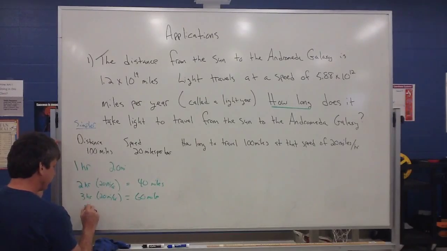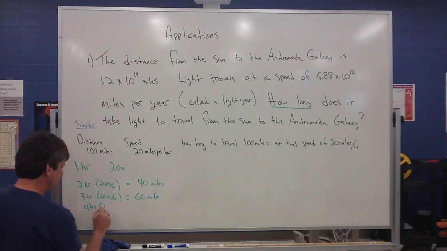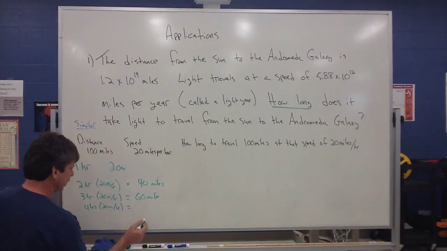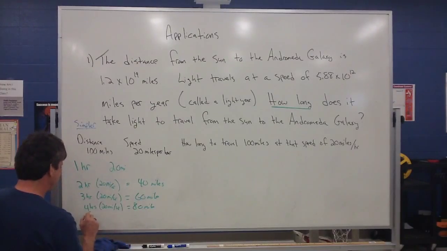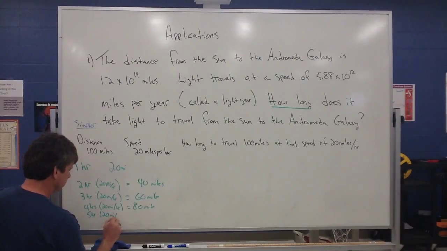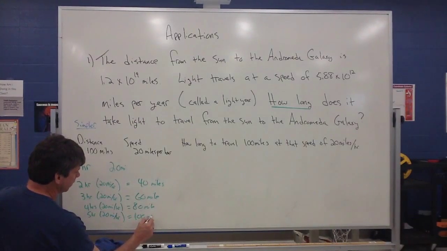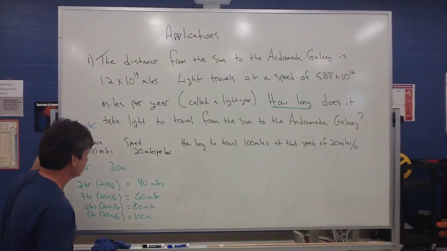If I go 4 hours, traveling 20 miles per hour, I kind of see that I'm going 80 miles. And if I go 5 hours at 20 miles per hour, I kind of see that that's going to get me up to 100 miles.